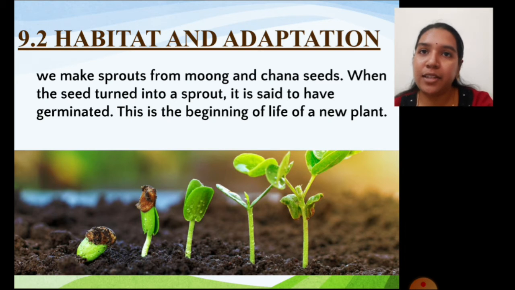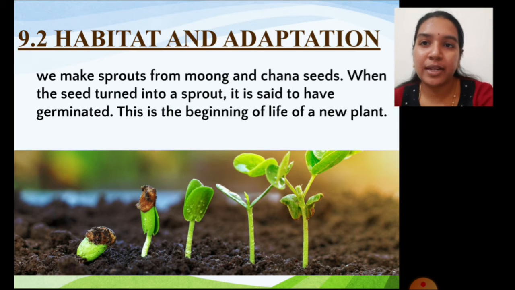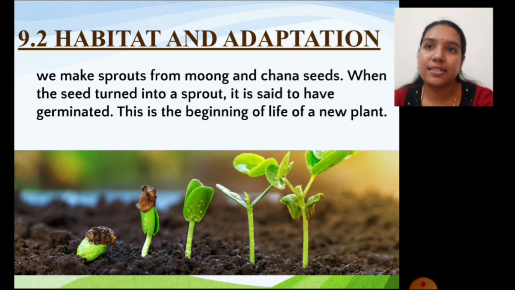You might be knowing how sprouts are usually very healthy and are suggested to take during your breakfast or with your meal. We usually make sprouts from moong dal and chana seeds.